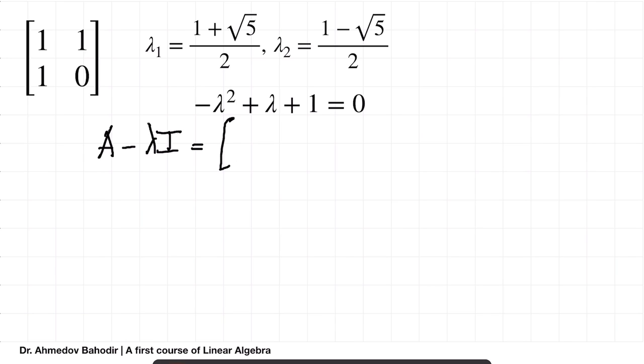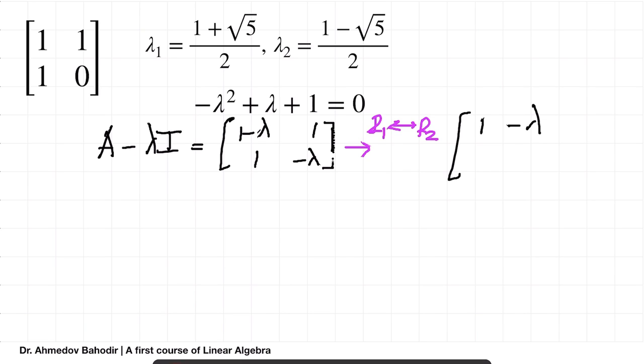If you find this matrix, it's going to be 1 minus lambda, 1, 1, minus lambda. In order to find the null space of this matrix, we need to bring this into row echelon form. So I would like to interchange the first row with the second.